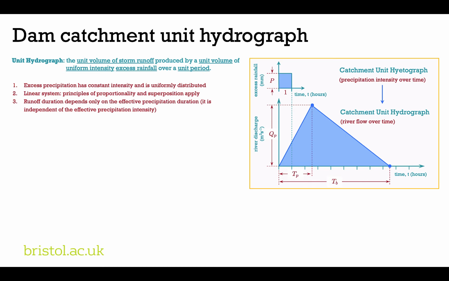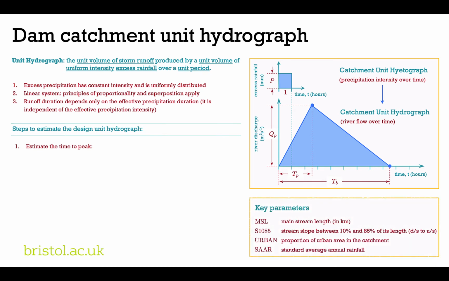All that being said, how do we then go about estimating the design unit hydrograph? Well, we make use of a number of catchment characteristics, and we're going to use those to estimate 3 simple parameters. The first of which is the time to peak, TP, and it's the most crucial because the others are based on this.